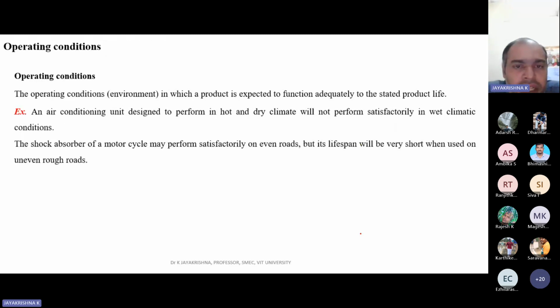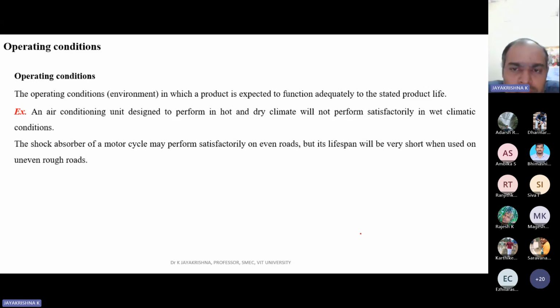Next is operating conditions. Operating conditions is the environment I'm talking about, in which the product is expected to function adequately for the stated product life. That means for the promised period of time, the product should deliver its full function irrespective of the environmental condition, because any product is designed for an environmental condition in which it has to perform.